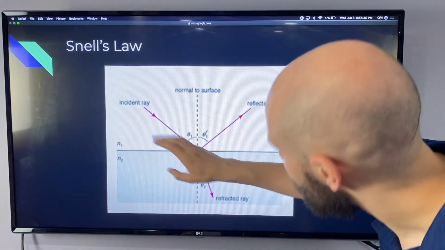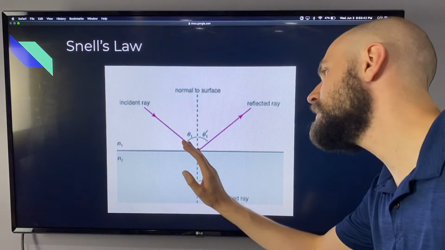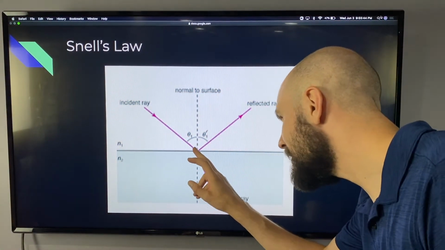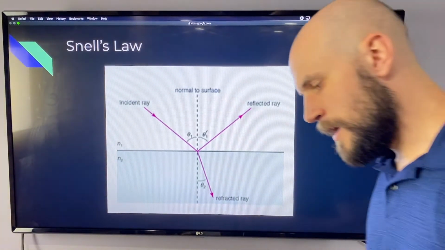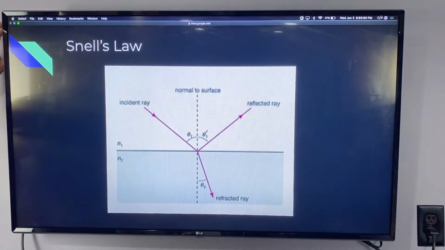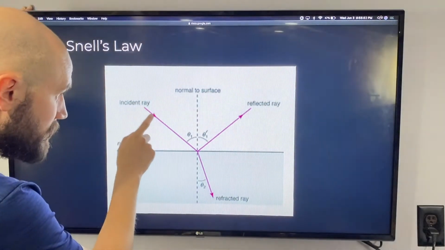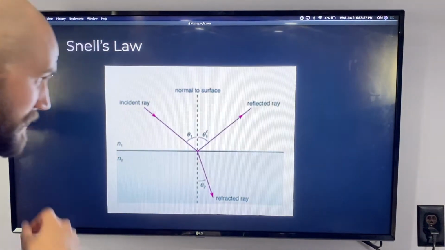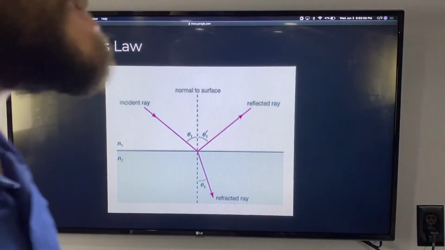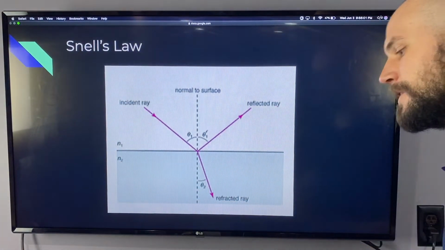Well, we just talked about refraction. Some of that energy is bent, and the wave that's refracted will bend and move into the new medium. But that's not where all of the energy goes. Some of the light gets reflected, bounces off the surface, which we talked about in the last lesson. And some of the energy actually gets absorbed by the material.